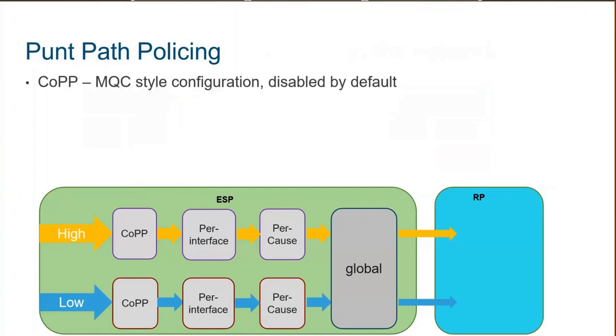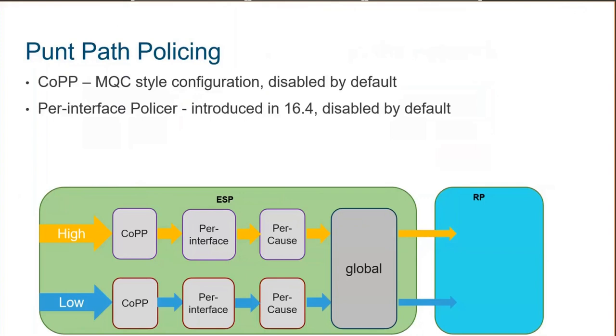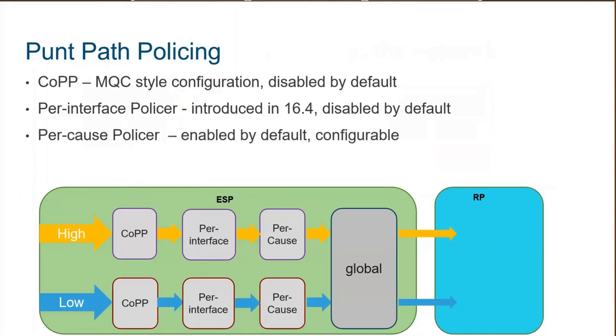So to avoid that, we have something known as control plane policing, where we can police the traffic that is being sent from ESP to RP. Per cause policer will be there by default. So for example, if there are too many ARP packets being received, then there are certain policing features that are enabled by default, which will take care of that, so that the RP will be safeguarded against the burst of the packets from the data plane. So that is where we have punt path policing.